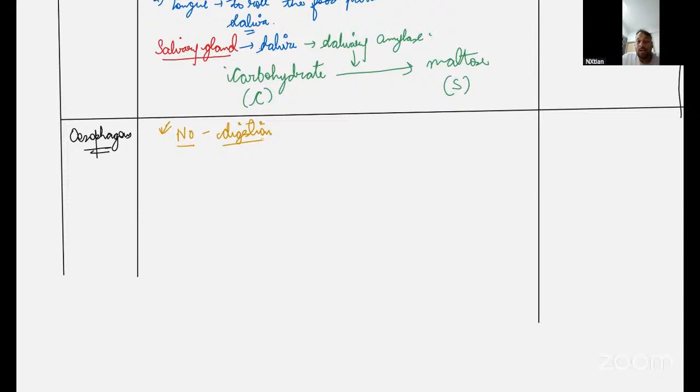What is the role of esophagus? It transfers the food from the mouth to the stomach. Okay. What is the role of esophagus? To transport food from mouth to the stomach.